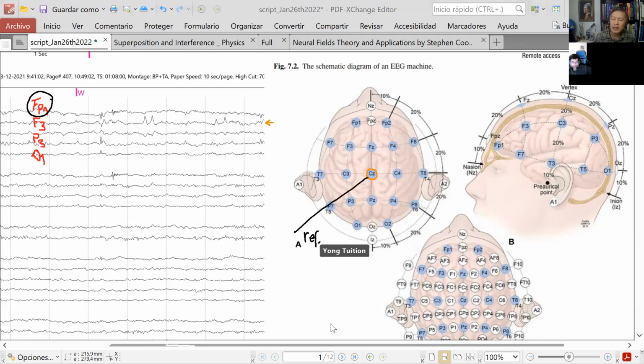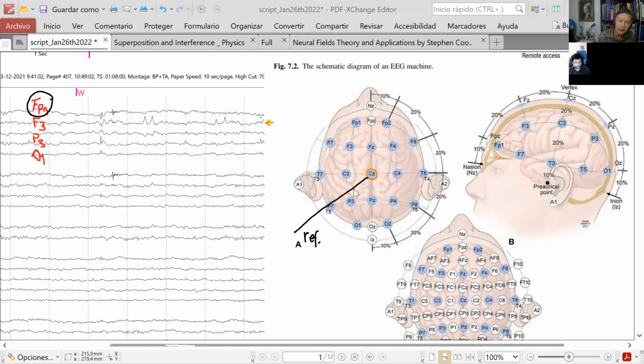Now, where do the other two electrodes go? Where do you put another two electrodes to obtain this? These four electrodes are connected. My question is, there are four components here, right?